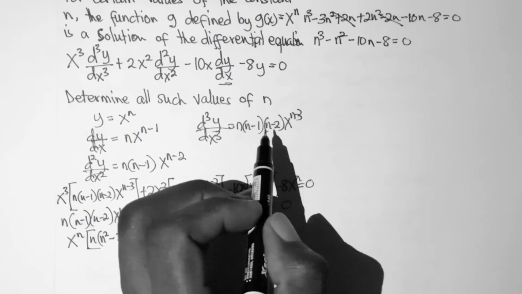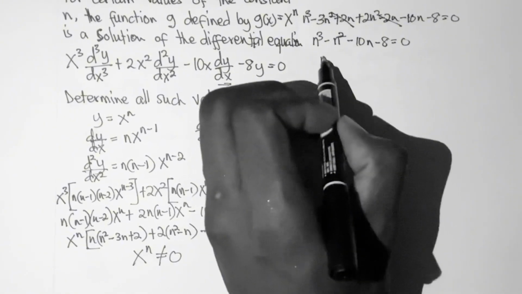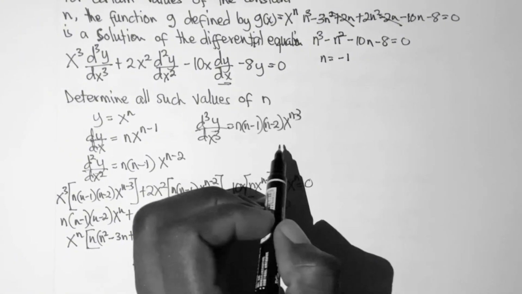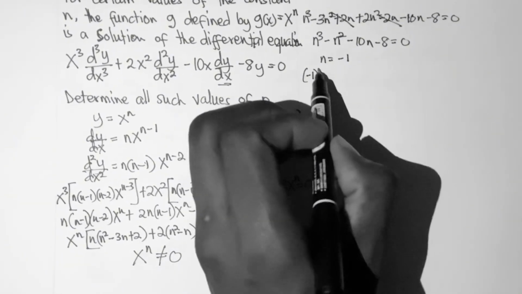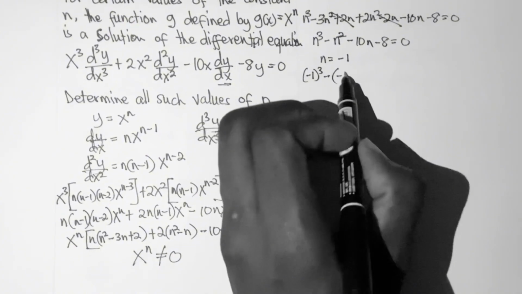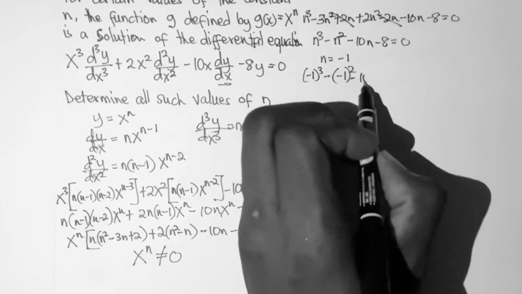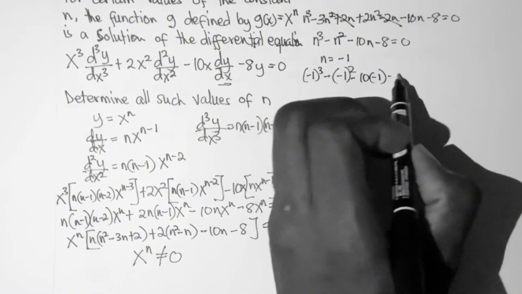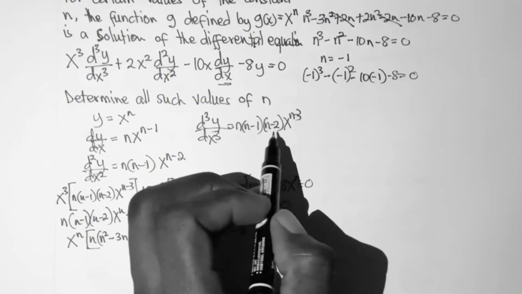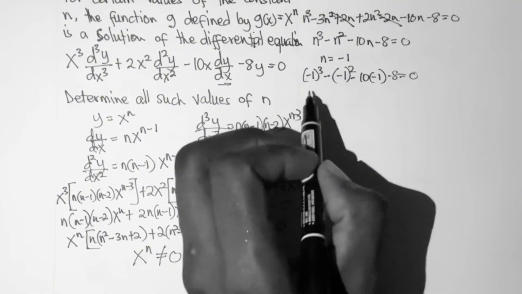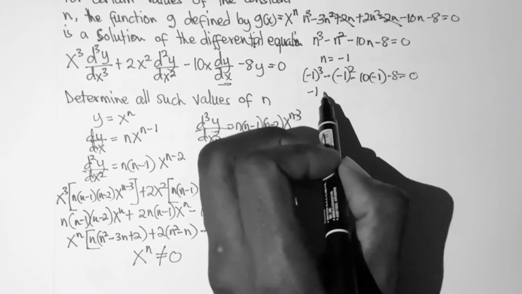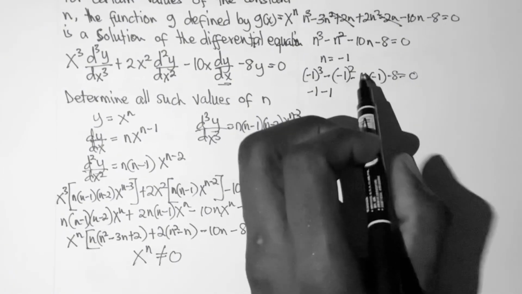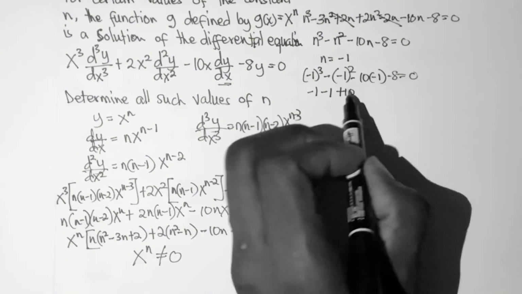So in this case, let's test for n equals minus 1. So if we put in minus 1, here becomes minus 1 cubed, then minus 1 squared, minus 10 times minus 1, minus 8 is equal to 0. Minus 1 cubed is minus 1. Then minus 1 squared is 1 times minus 1 becomes minus 1. Minus 10 times minus 1 becomes plus 10.